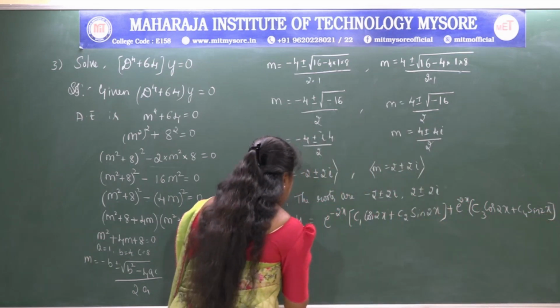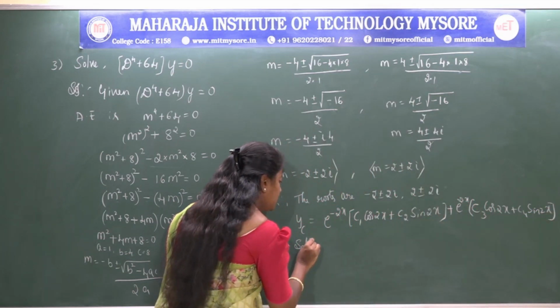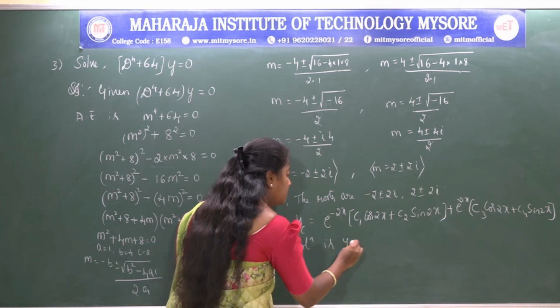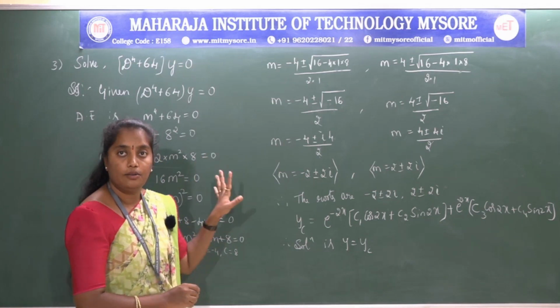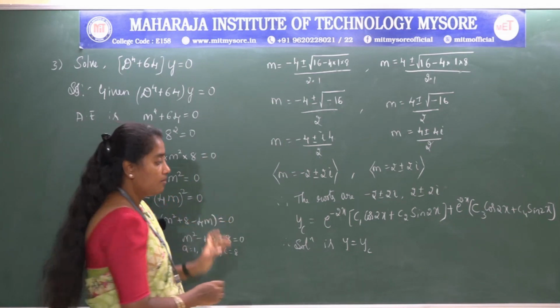So therefore, the complete solution of the given equation is y is equal to yc. Since the RHS function is 0, the value of yp is 0 for a homogeneous differential equation.